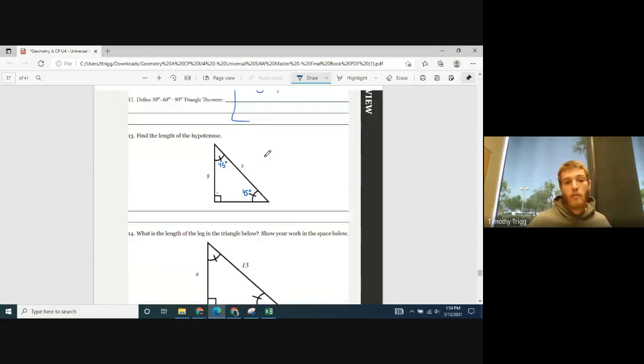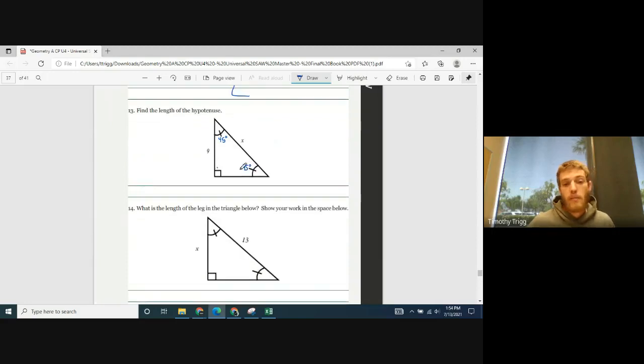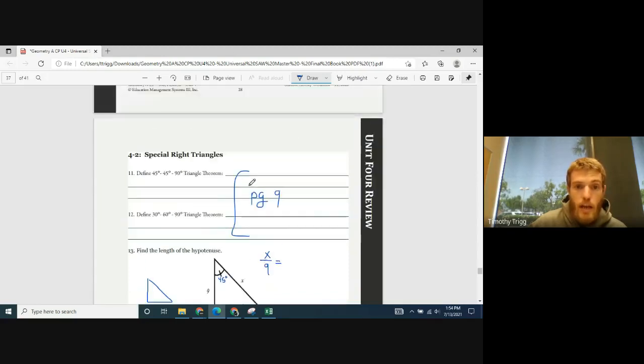So remember when you looked at this one about 45, 45, 90s, you should be able to figure out what x is in this case. So the one way to think about it is you can think of this as a ratio. x over 9 equals, now hopefully you remember the other 45, 45, 90, and you could find that on page 9.